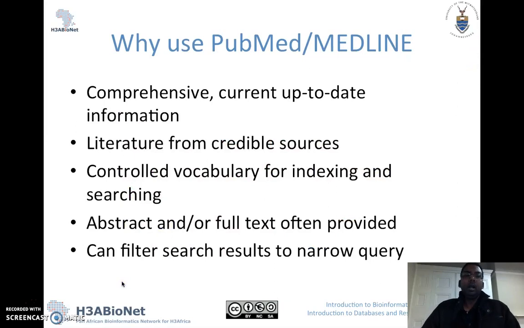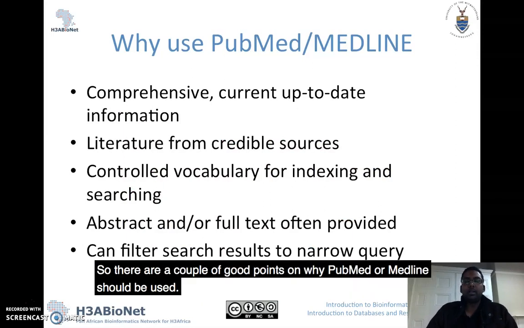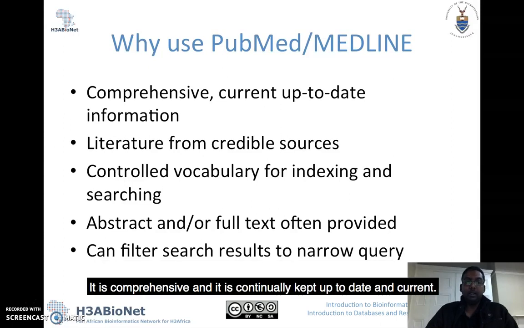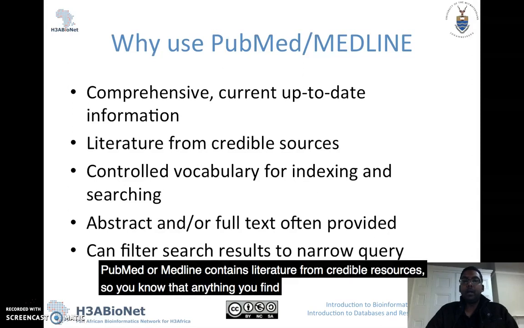Okay, so why use PubMed or MEDLINE over any of the other resources? There are a couple of good points on why PubMed or MEDLINE should be used. It is comprehensive, and it is continually kept up to date and current. The database is continuously updated with new articles and new citations. PubMed or MEDLINE contains literature from credible resources.